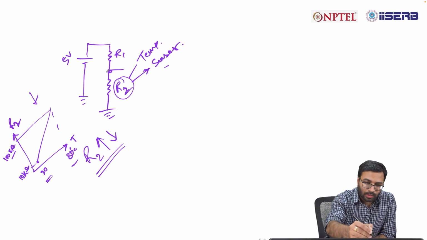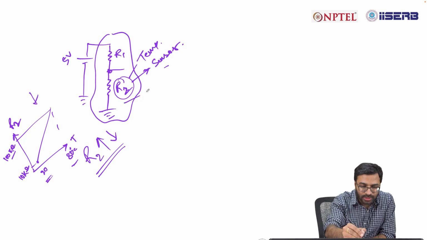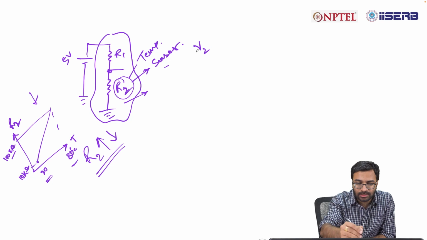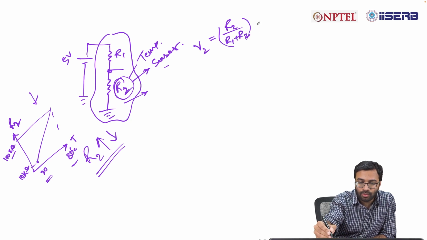Now if you attach the sensor or integrate the sensor in a voltage divider circuit, R2 will keep on changing. So your V2, that is the voltage across R2, which is nothing but R2 divided by R1 plus R2, just now we have derived, into Vin.